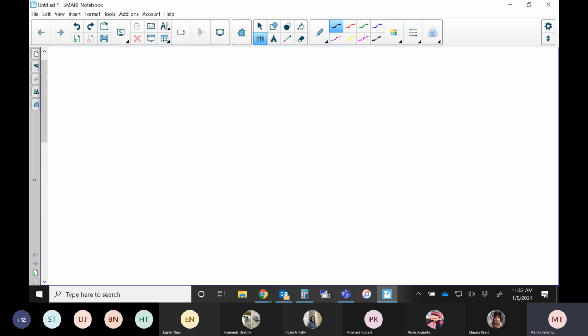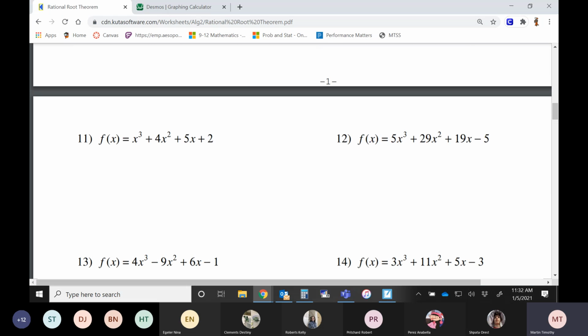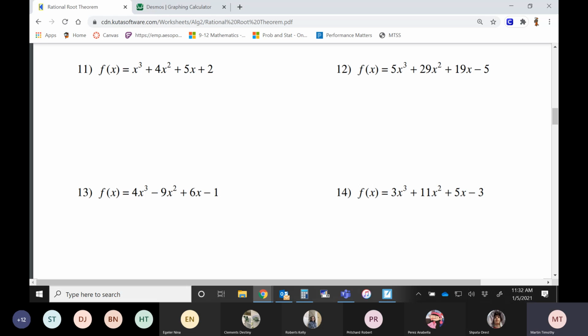All right, number 11. Do you guys need a little bit more time now that we went over that? Would you like some more time to look at 11 a little more? Okay, good. Go ahead, please try number 11 and see what you can do with it. Try to graph it if you can. So try to find the possibles, then try to find the roots, and then if you can, try to sketch a graph of it.